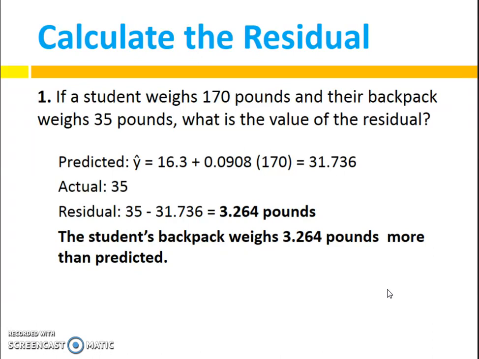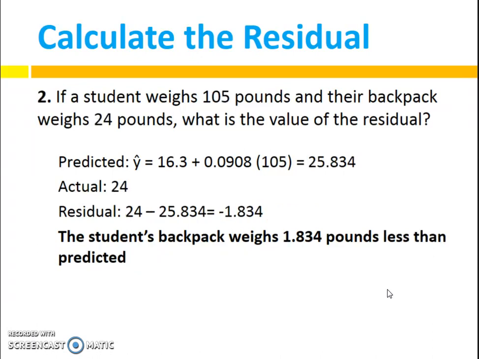Well, what if the student only weighed 105 pounds and their backpack weighed 24 pounds? Same deal. Plug in 105, because that is my x. Okay? And then find your predicted. They told us the actual. Do some subtraction. Actual minus predicted.